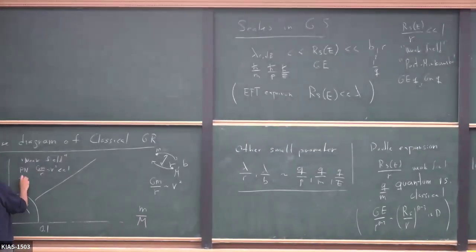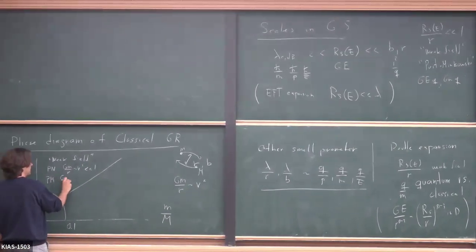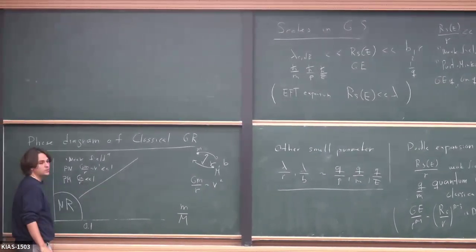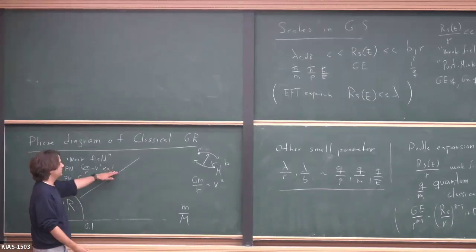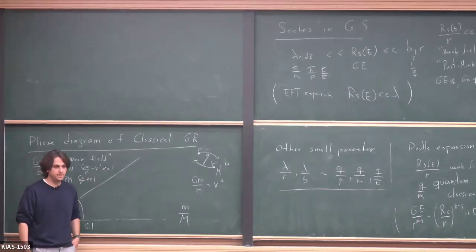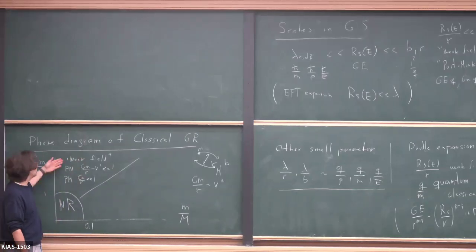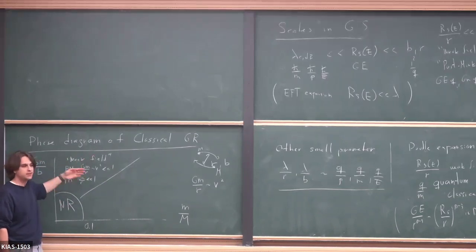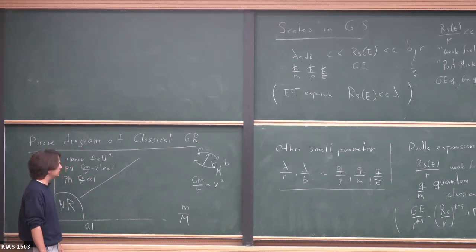And there's also the post-Minkowskian expansion, where we just have that GM over r is much smaller than 1, but the velocities can be relativistic. Here 1 actually means the speed of light squared. So this is perturbation theory, in G Newton and also in velocity. This should be amenable to perturbative techniques and to scattering amplitudes, and I'll try to explain how this comes about.